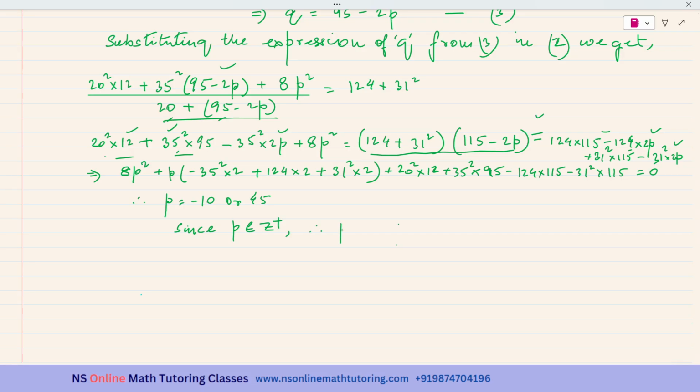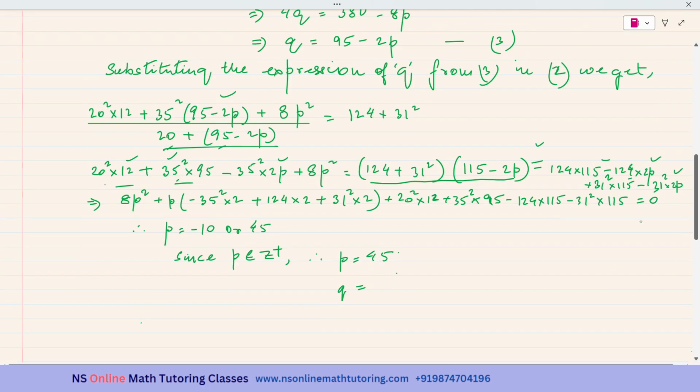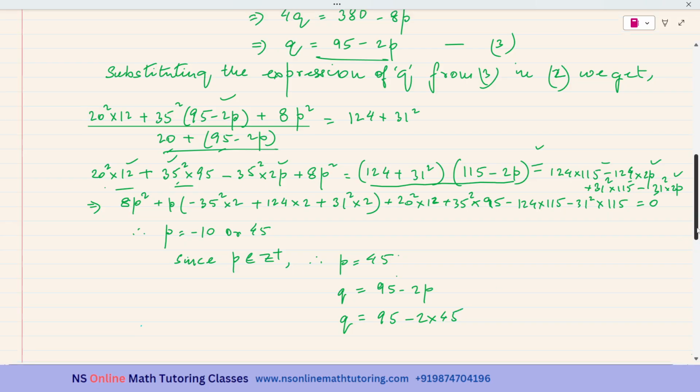Therefore, P is equal to 45 and Q is equal to, what was Q? Say 95 minus 2P. 95 minus 2P equal to 95 minus 2 times 45. 2 times 45 is 90.